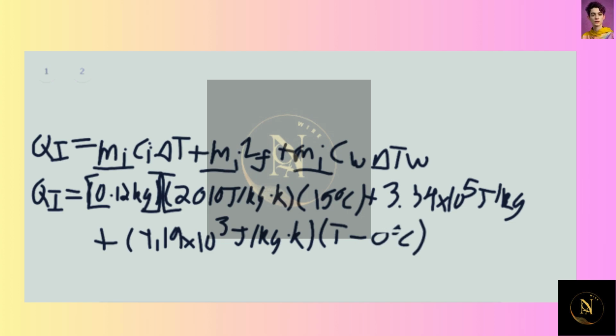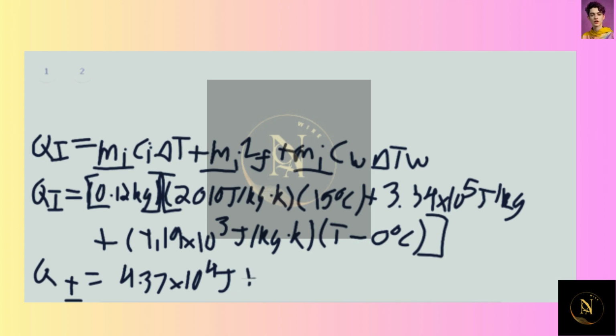Okay, so if you very carefully simplify that, close that bracket, you get Q ice is equal to 4.37 times 10 to the 4th joules plus 503 joules per Kelvin times T.